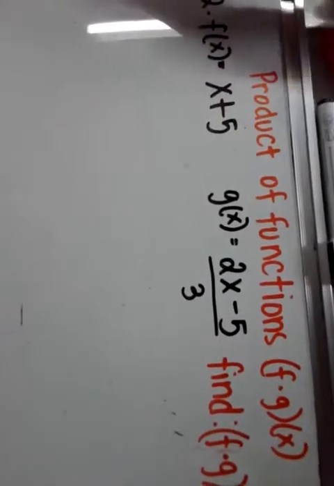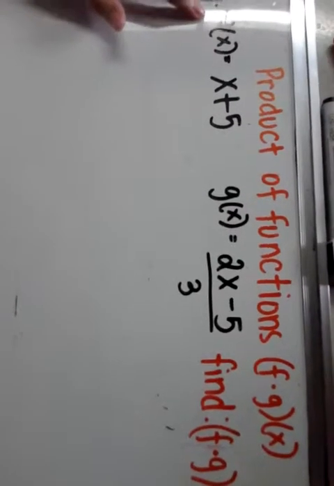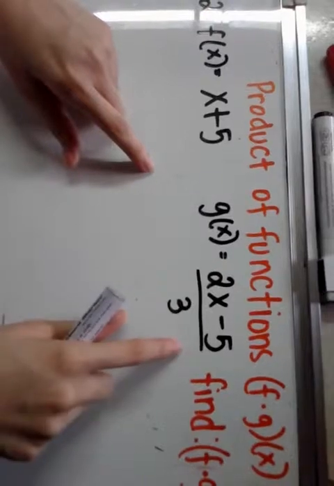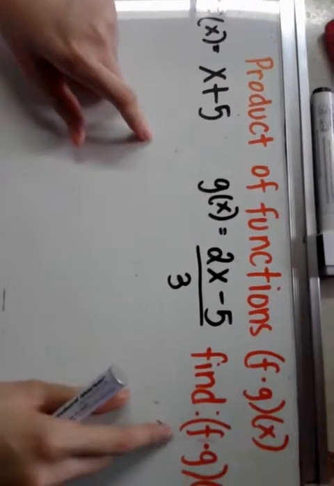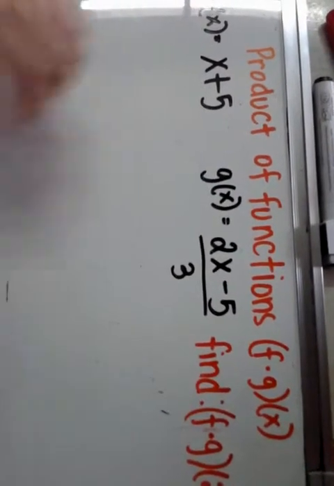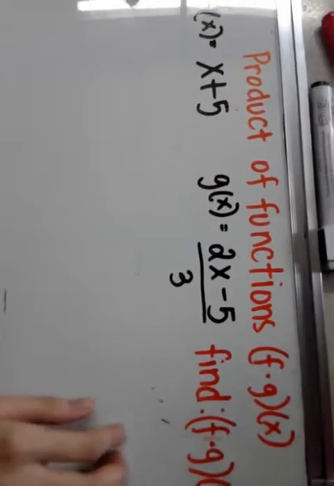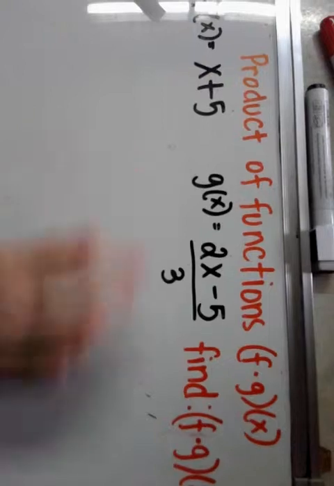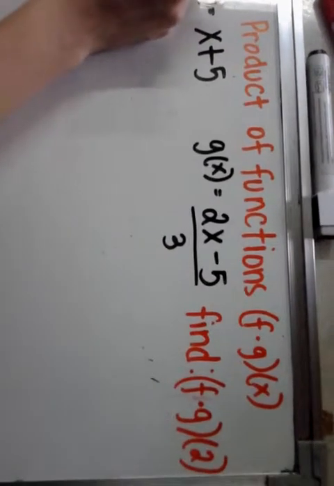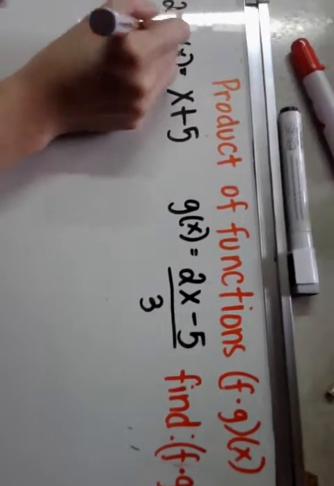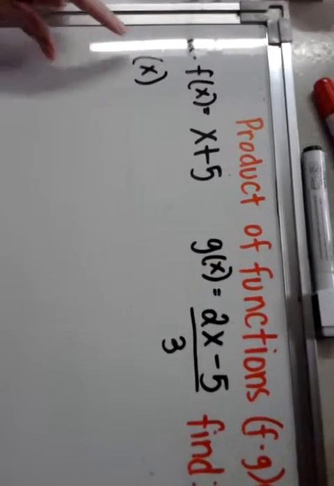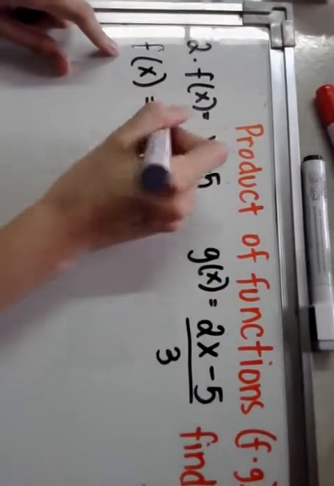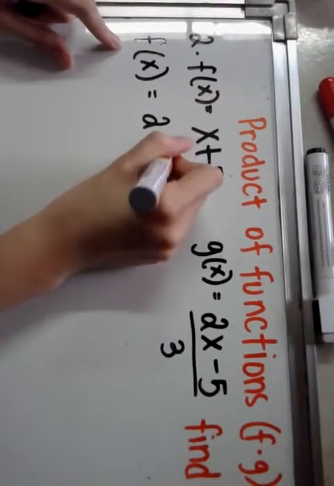So here in our second example, f of x is equal to x plus 5 and g of x is equal to 2x minus 5 over 3. Find f times g of 2. So what we are going to do here is we are going to replace all the x's of f and g function by 2. So first, let's do it in f function. So f of x is equal to, substitute x by 2, so 2 plus 5.